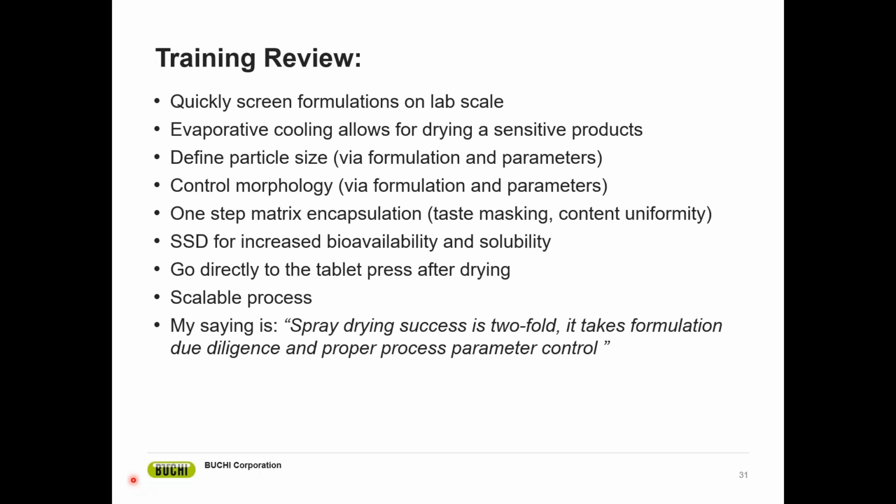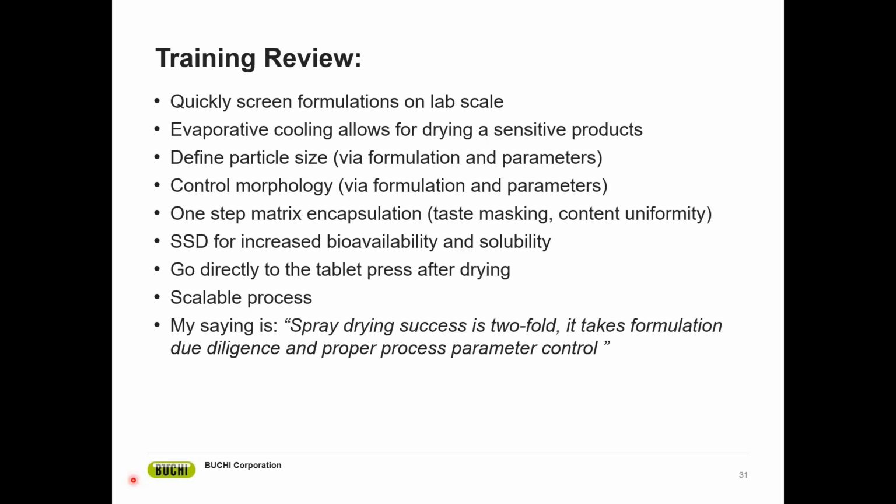So at this point, I want to sort of wrap up my portion of the webinar before we get into questions. But essentially, I'll say spray drying is a way to quickly screen formulations on a laboratory scale. I think a lot of times doing a small DOE is a way to quickly come to a sweet spot of both the parameters and the formulation.